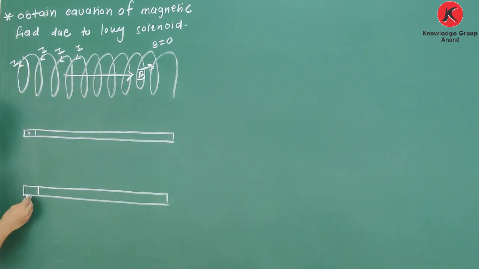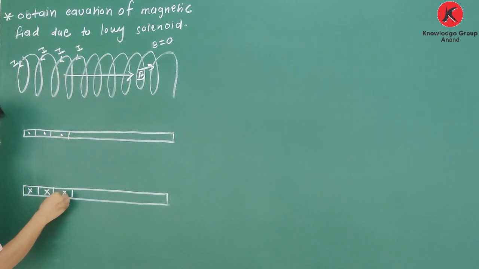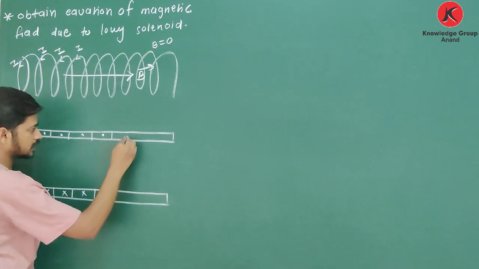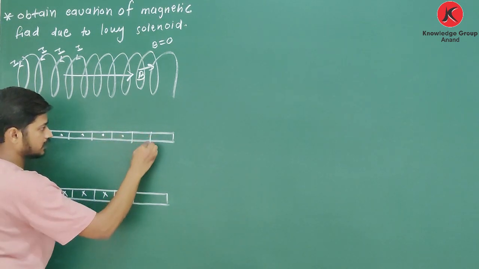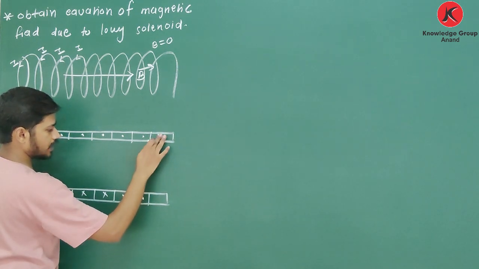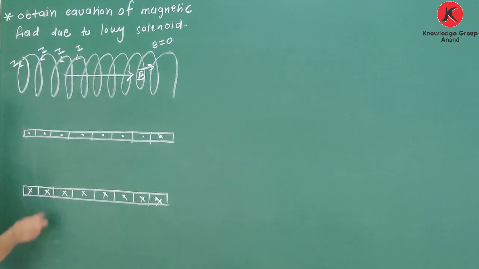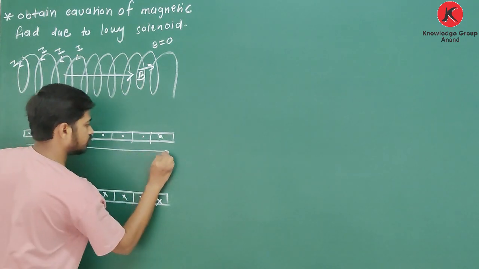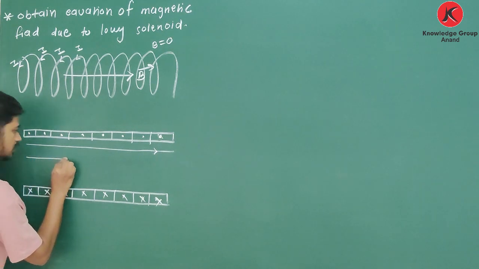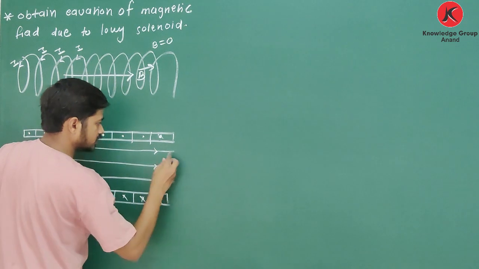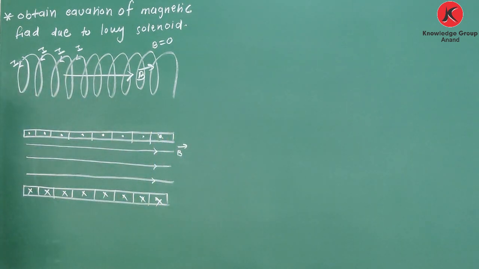So here it is inside, outside, inside, outside, inside, outside, inside, outside. Clear about this? And the magnetic field is in this direction, parallel to the axis.